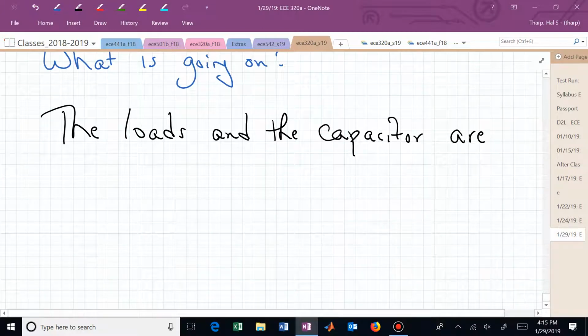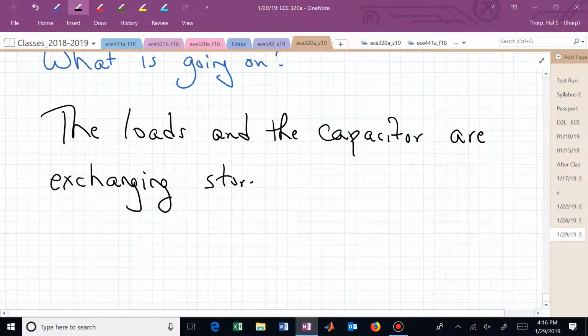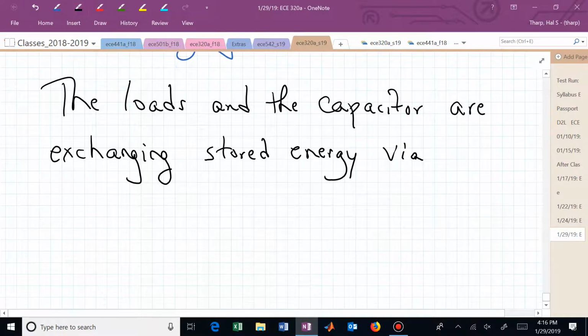Well, they're actually exchanging stored energy via these reactive currents. So the loads and the capacitor are exchanging stored energy via reactive currents.